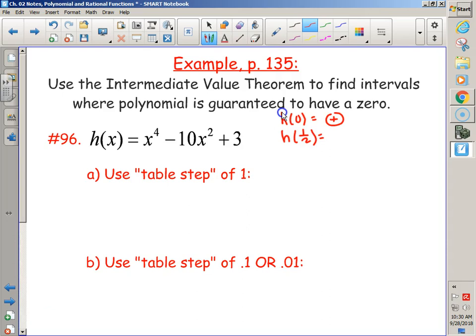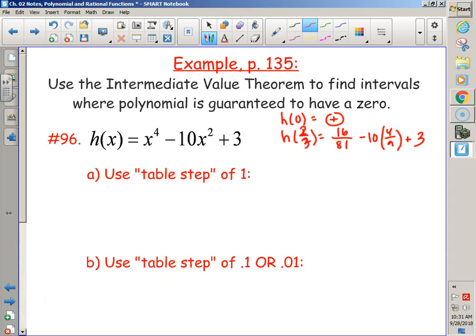I know no one likes that number. But 2/3, that would be 16/81. Double check me. 3 and 3 is 9. 3 and 3 is 9. 9 and 9 is 81. 2/3: 4/9 plus 3. Is that any better?